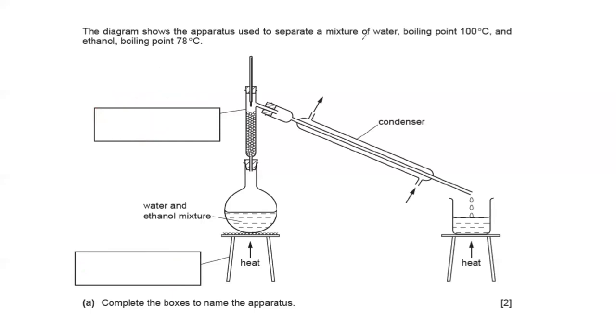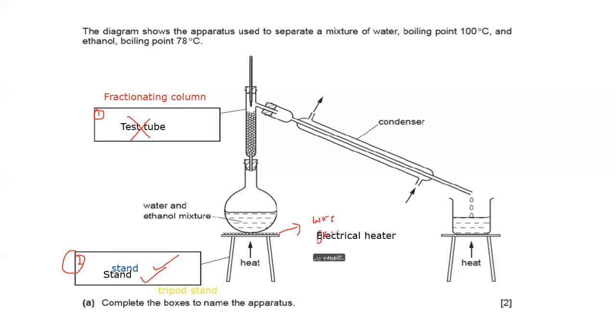And what is this apparatus called? Crosses are there. So this is called a wire gauze.